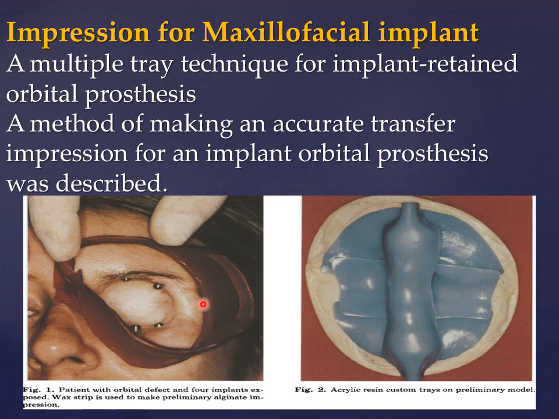For a patient with an orbital defect with 4 implants exposed, we can use a wax strip as a tray, and then use alginate to take the impression of the defect area. After that, an acrylic resin custom tray can be fabricated.